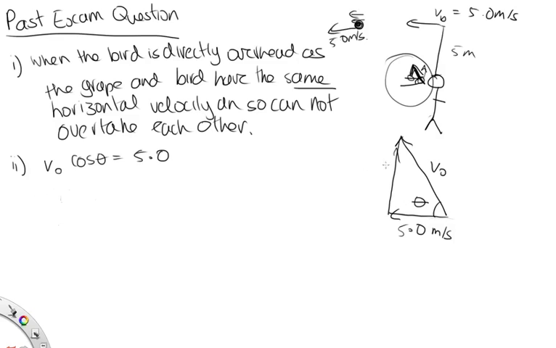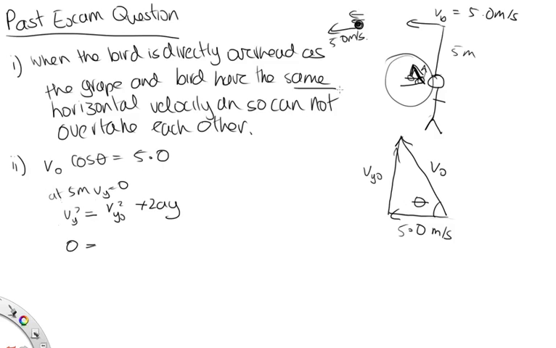So, okay, now this is the initial vertical velocity, and we know that when the grape is 5 meters above your head, it has 0 vertical velocity. So at 5 meters, Vy is equal to 0. So we can use the equation Vy squared is equal to Vy0 squared plus 2ay. We know the acceleration is due to gravity, so it's 9.8.